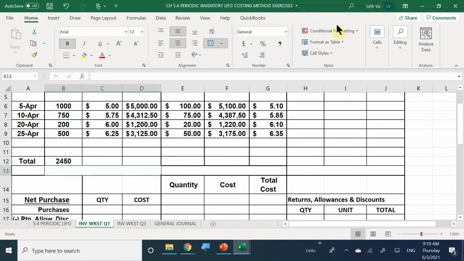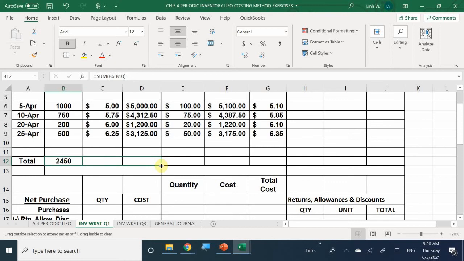So in this case, how many items did I actually purchase? 2450 items. What was my total purchase price?